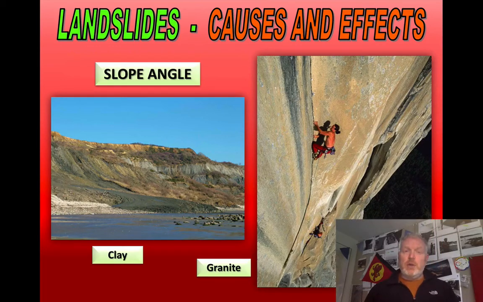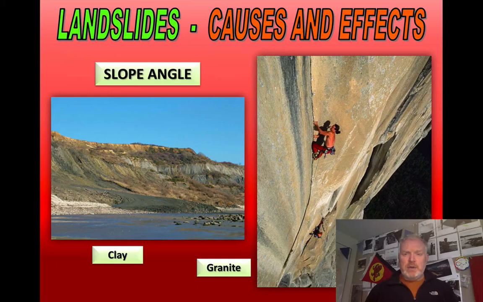There are others. Slope angle, for example, how steep the slope is. Ties back with the idea of rock type. There are some rocks that are stable at only very gentle angles. Clay, for example. Anything much above about 30 degrees, clay will start flowing down the slope. So you can only have gentle slopes with clay. There are some other rocks though that are much more cohesive, much stronger.